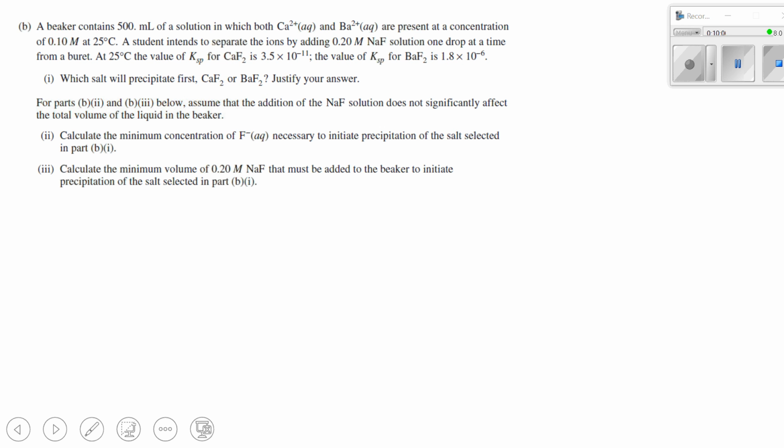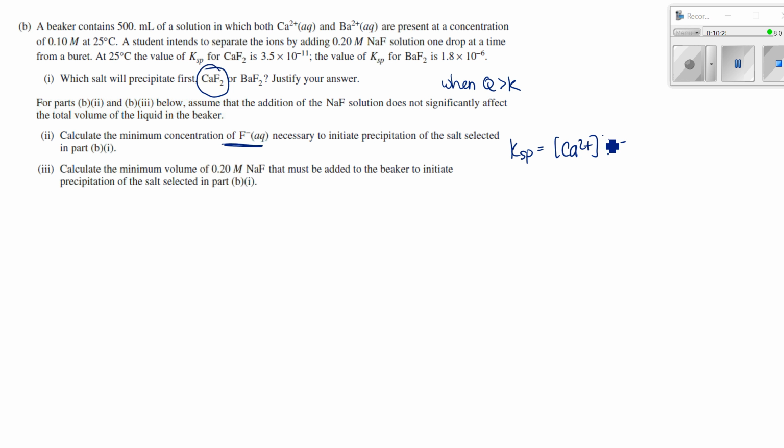Okay, so going ahead to this next one, we've established that calcium fluoride is our less soluble salt. It's going to precipitate first, and it will start doing that when Q is greater than K. And so keeping that in mind, we're going to calculate the concentration of fluoride necessary to precipitate that salt. So if you think about what we know, this is our Ksp expression for calcium fluoride.